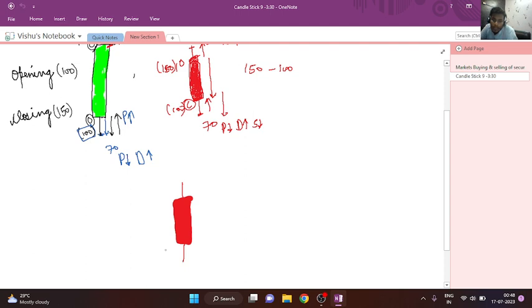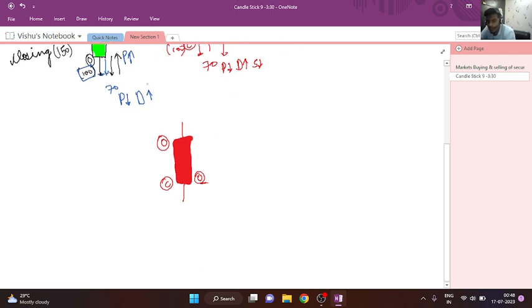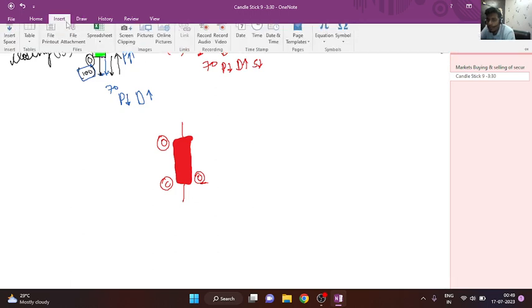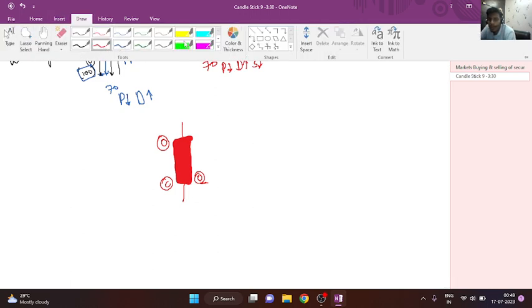Whenever we see a red candlestick, we say that it opened up and closed down. This one is low, this one is high. Now as it closed here, the next day's opening will be here. It is up to the market whether it will go down or up. We are supposing that the market was very bad for this company and it goes more down.